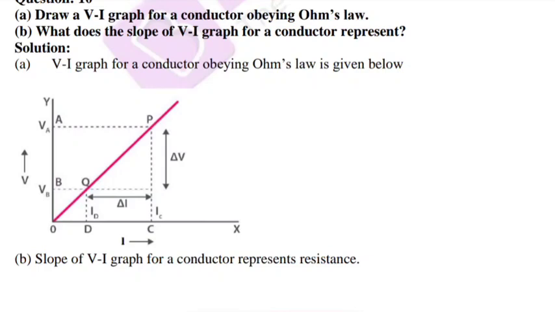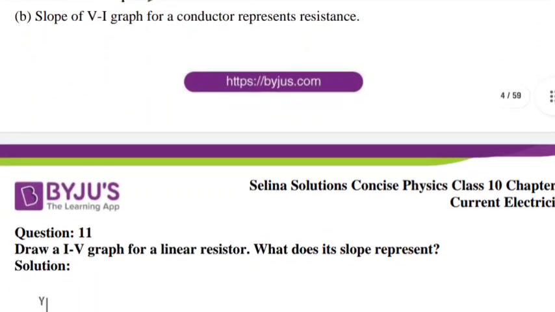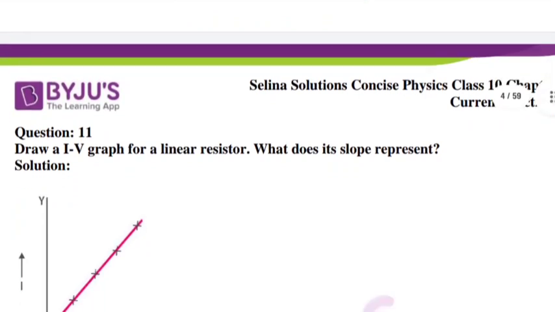When we plot this, a straight line will form. Then it will show that the conductor's resistance remains constant, that is, the current is directly proportional to the potential difference.